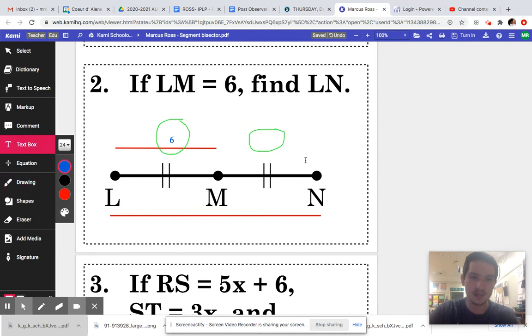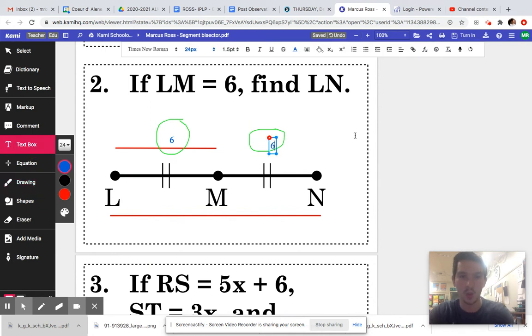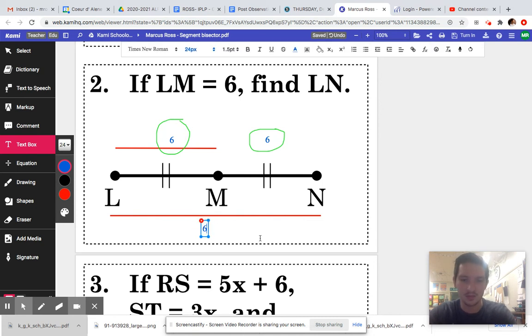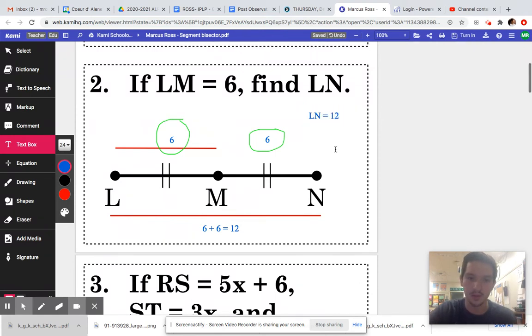And so this is also going to be 6. Now, obviously, this is a pretty easy problem. They're going to get harder from here, so make sure you understand this concept. All we do from here, Joel, is add these together. 6 plus 6 is going to equal 12. So our answer here is LN equals 12, and you have your answer right there.